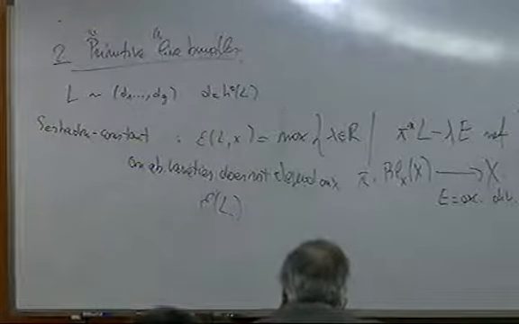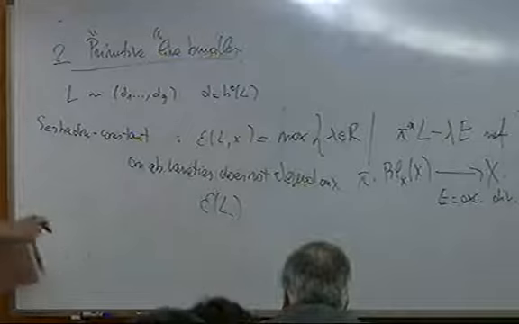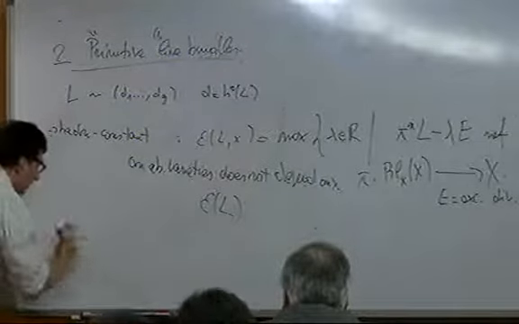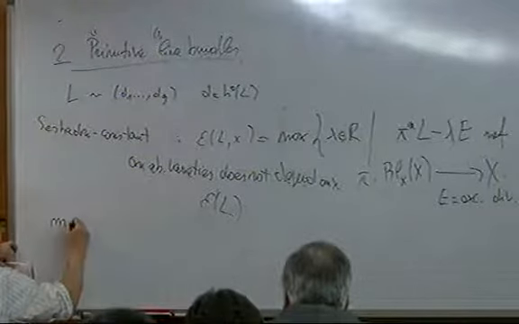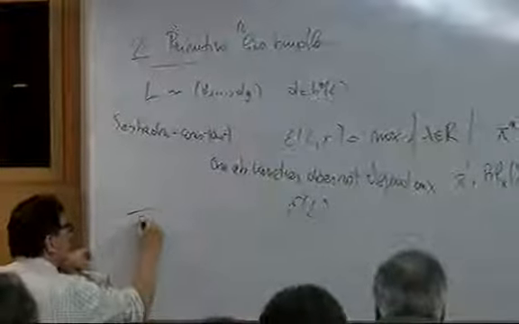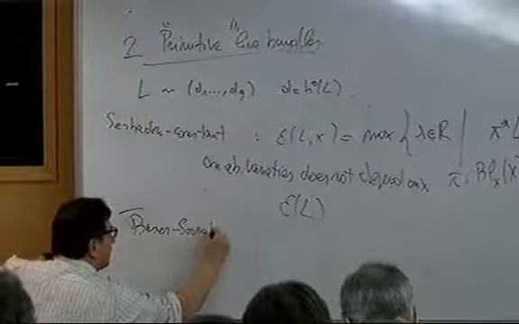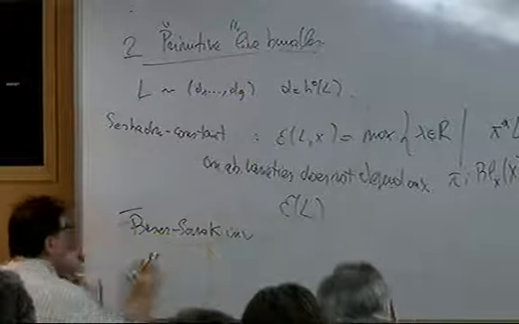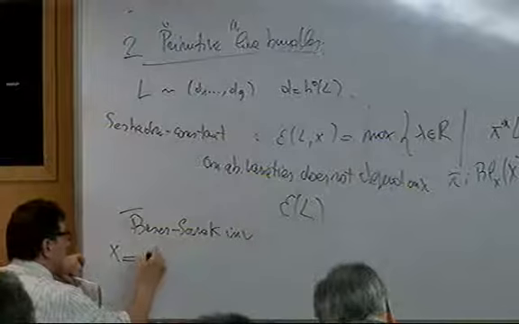So there is an estimate of these numbers. So we have another invariant, which is defined as follows. So the Buser-Sarnak invariant. Here we see the abelian variety as a complex torus.